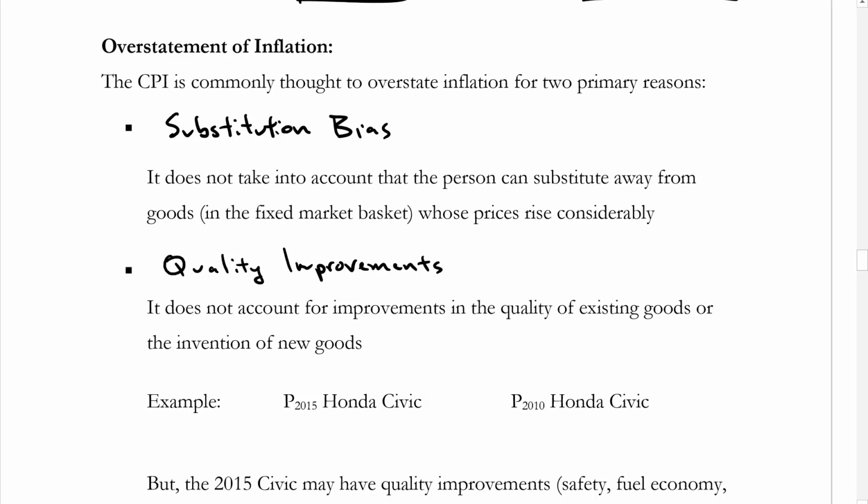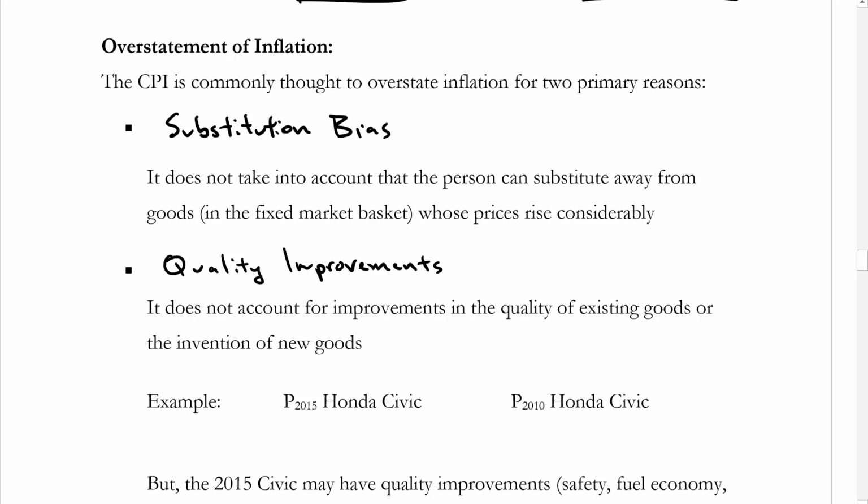And so if the cost of gas goes way up, my cost of living might not necessarily increase because I can substitute away to different modes of transportation, or to a different house which is closer to my work. And that can happen in all types of categories of goods and services across an economy.